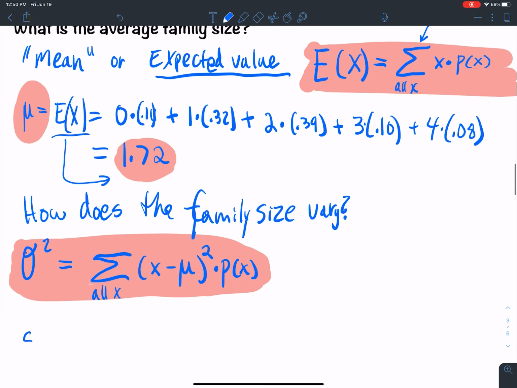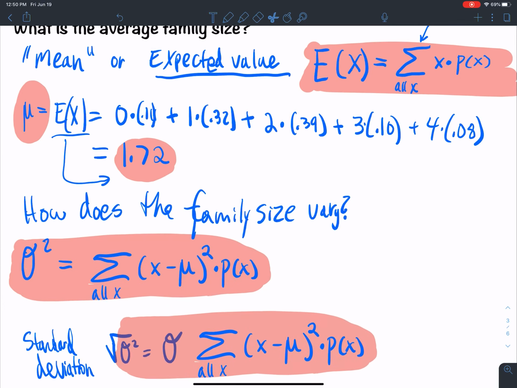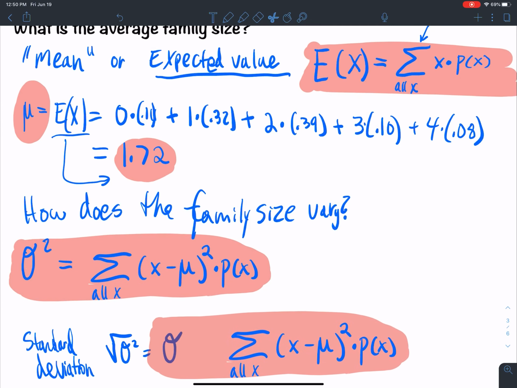For standard deviation, I literally take the square root of the variance to get sigma. So I take the square root of my answer. Okay? So this is equal to the square root of all that there.